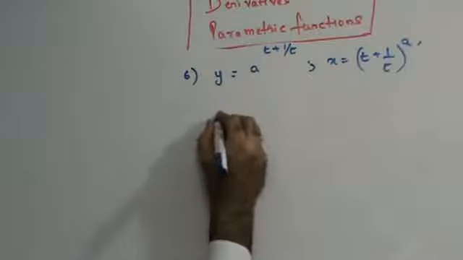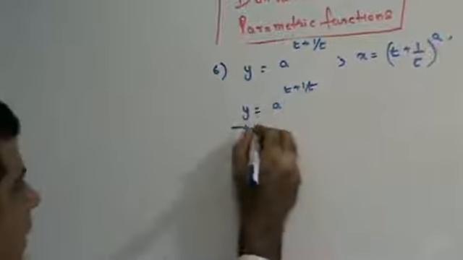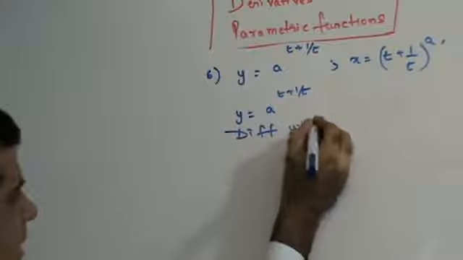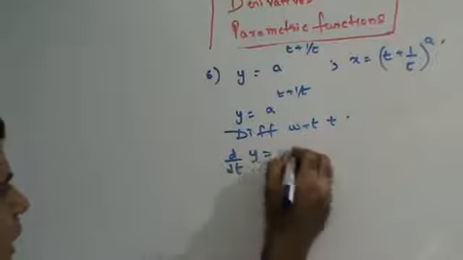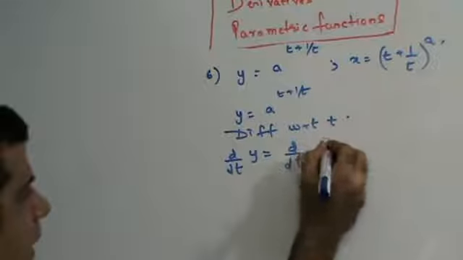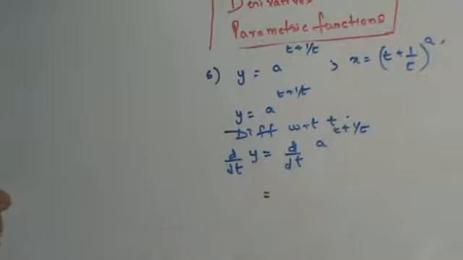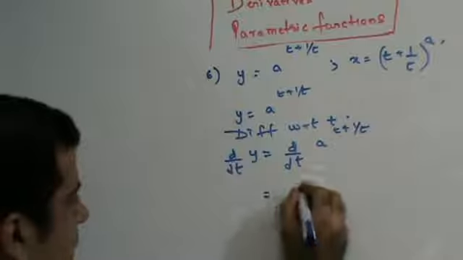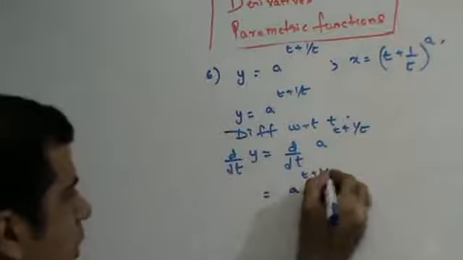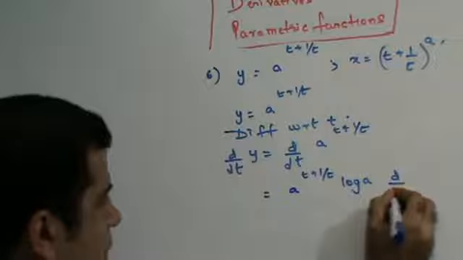Now y is equal to a raised to (t plus 1 upon t). Variable on the right hand side is t, differentiate with respect to t. dy by dt of y is d by dt of a raised to (t plus 1 upon t). Now here you will use the formula for a raised to u. So this is going to be a raised to u log a d by dx of u.